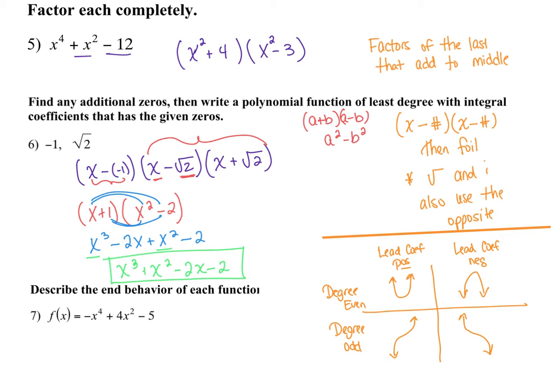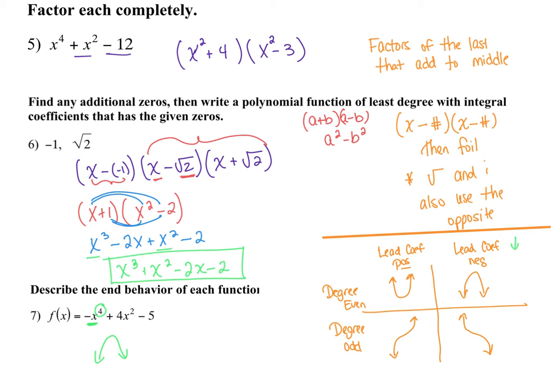By just the first term, what happens at the end of the graph? Yeah, so it is going down, and I know that because my leading coefficient is negative. And they are actually both going the same direction because my exponent is even. So if I were to ask what the end looks like here, you could draw it. They're both going down.